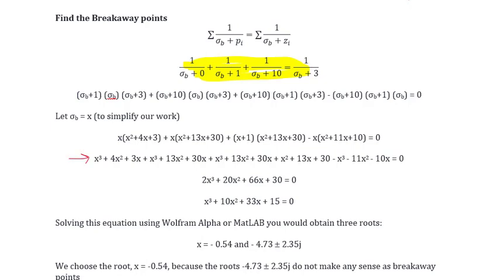Start to collect terms in this one, all the x cubed, x squared, x, and then combine until you get this expression. Divide by 2 everywhere to get this expression. And then you can use Wolfram Alpha or MATLAB to get the roots of this. And this has a cube term, so there's going to be 3 roots. And those are the 3 roots.